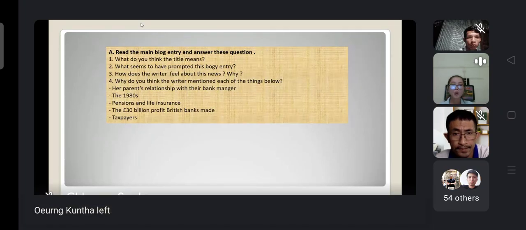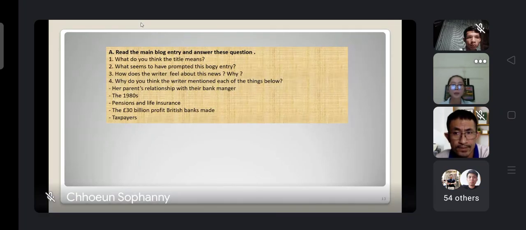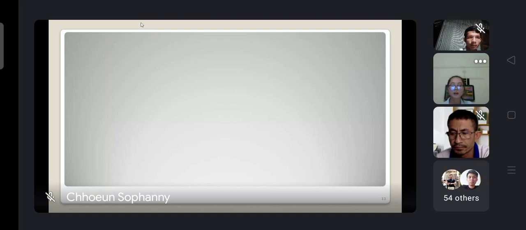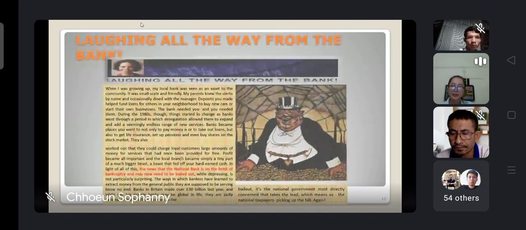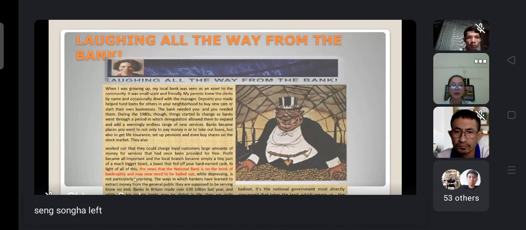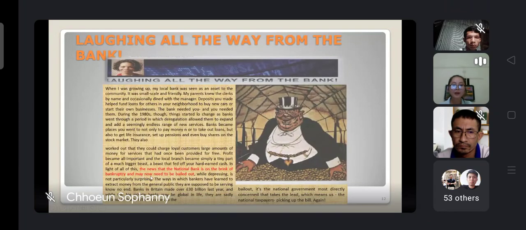And the second one seems to have prompted this story. Like I highlighted in red, the National Bank is on the brink of bankruptcy and may now need to be bailed out.